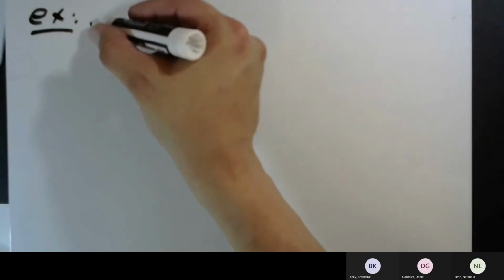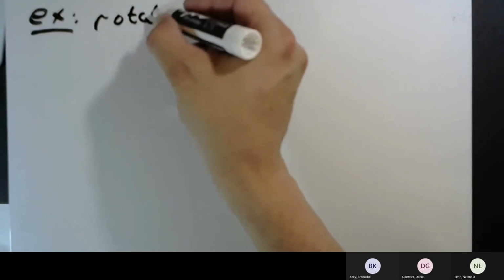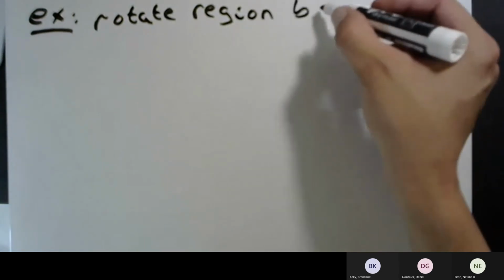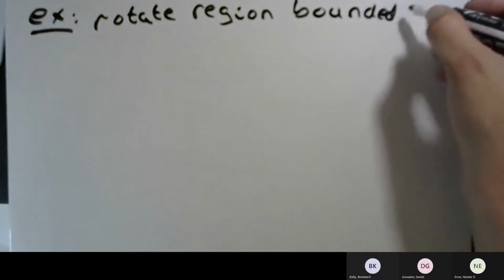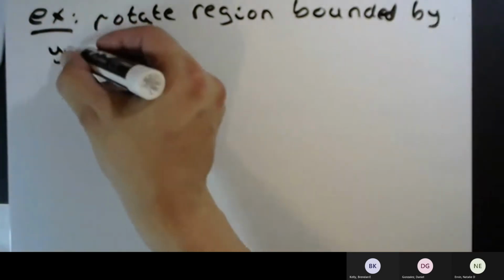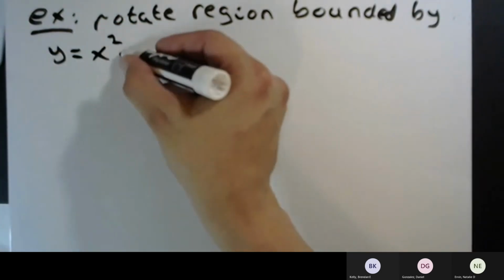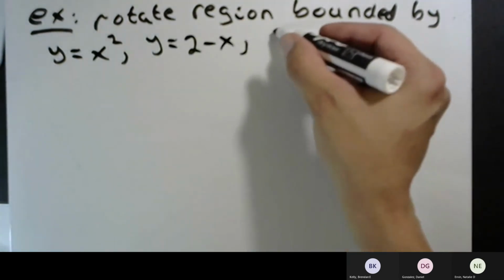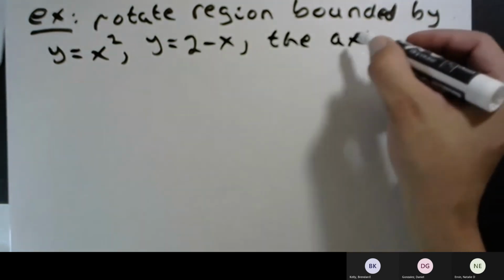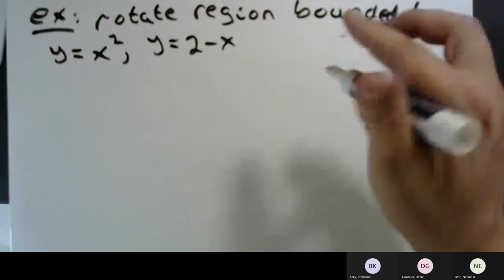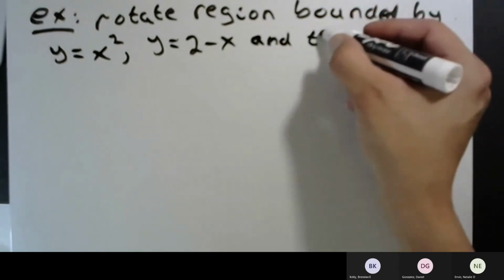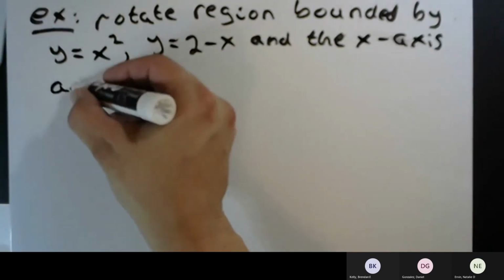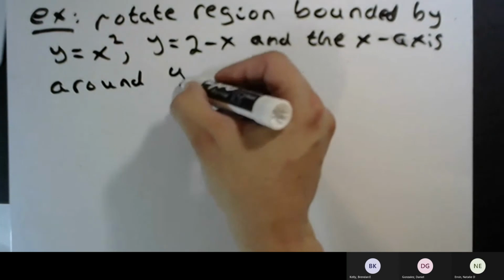But let's say we're going to rotate the region bounded by y equals x squared, y equals 2 minus x, the x-axis, around the y-axis.